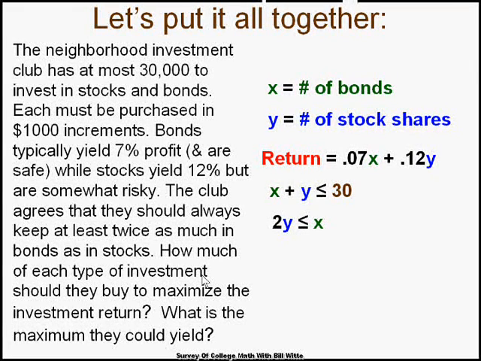Any other constraints that they haven't really said? Now there's our usuals. We're not going to invest negative money. We're not going to buy negative bonds, and we're not going to buy negative stock. So both of those numbers have to be greater than or equal to 0. And that will help us close out our little shape, whatever it is.